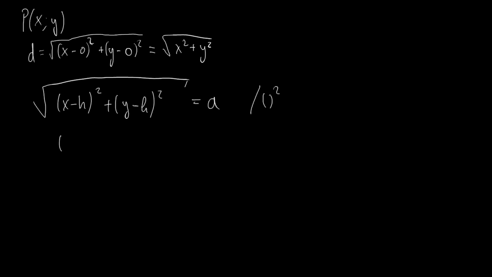Or you can actually square both sides, so you get that (x minus h) squared plus (y minus k) squared equals a squared. And this is the standard equation of a circle with the center (h, k) and the radius a.